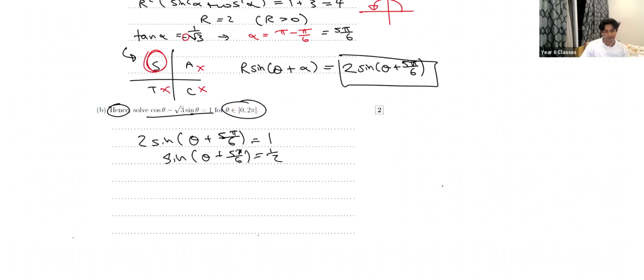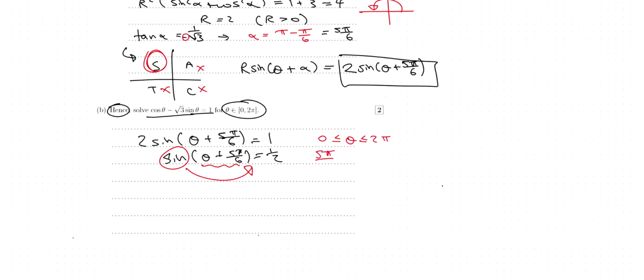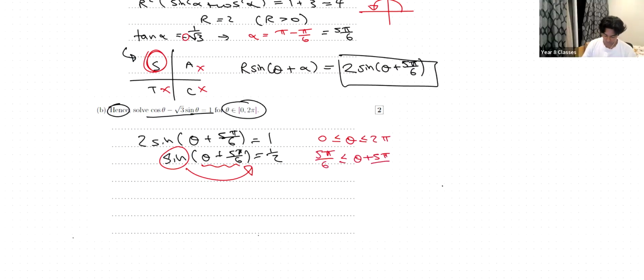And what from here? I'm not sure. So from here, what I would recommend, first of all, we need to remove this sine, which means we need to move it over there. But before we do that, we're looking at theta plus 5π/6. This changes our domain. So now, instead of being from 0 to 2 pi, we're looking at 5π/6 to 2π plus 5π/6, which is 17π/6.